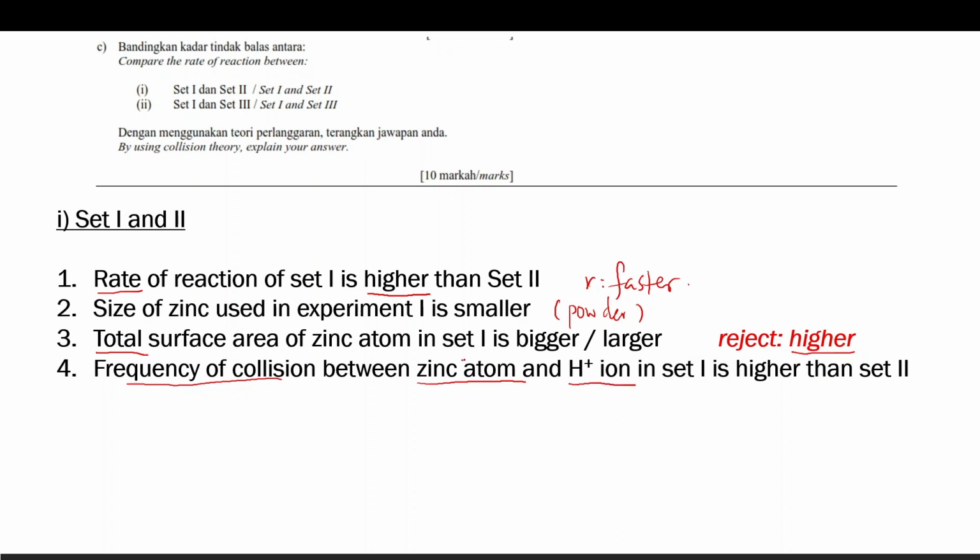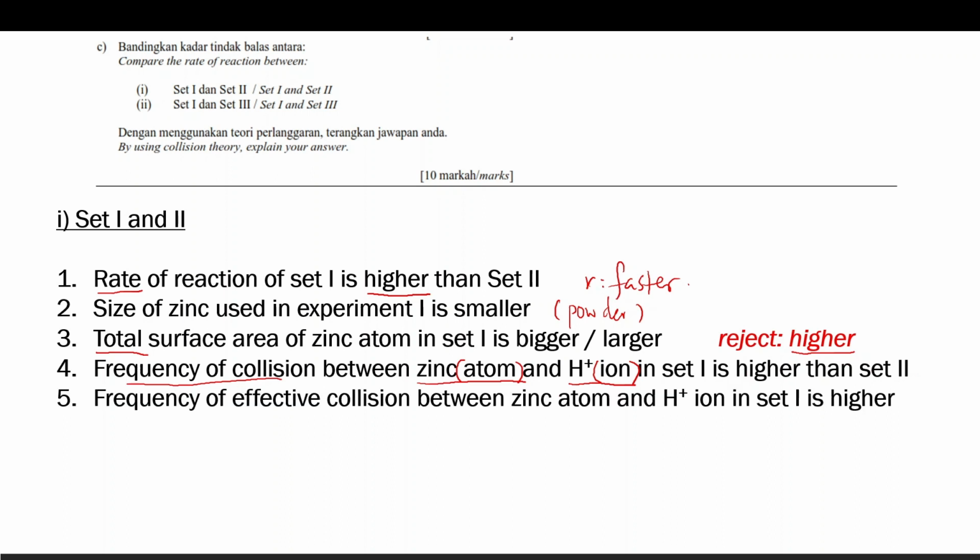So you must mention the atoms and then the hydrogen ions, in Z1 is higher than Z2. Then finally, point number 5, frequency of effective collisions between the zinc atoms and the hydrogen ions in Z1 is higher.